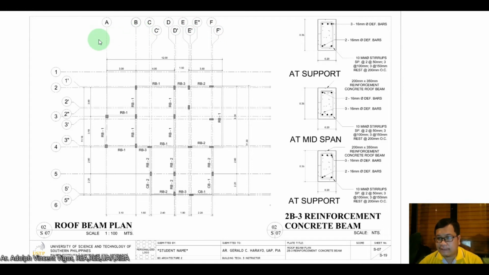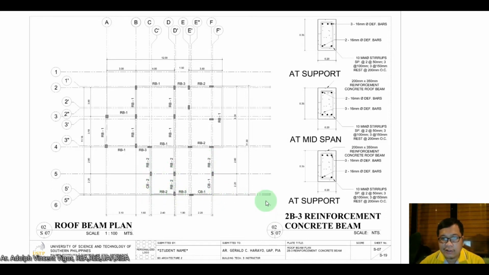The purpose of the callouts, as we have discussed way back, even in Building Tech 2, is so that during construction you could easily locate the columns. You can see here roof beam 1, concrete beam 2, CB2, RB2.